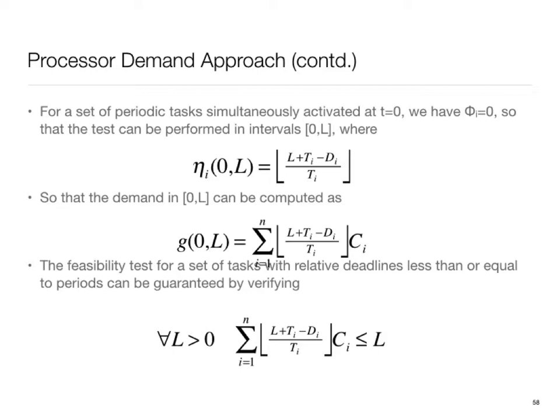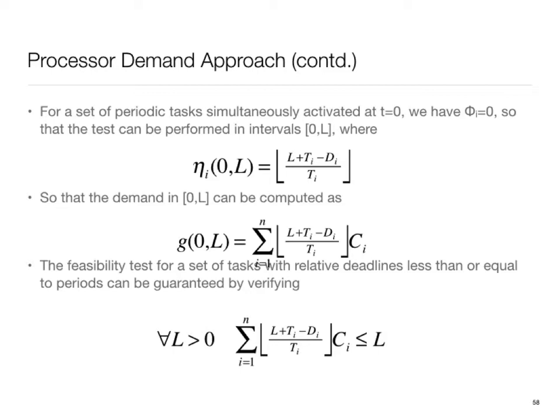We put all of that out here. With that, I can now sum over all the tasks. So this is the number of instances. I multiply it by the computation time of the task and sum it over all the tasks.